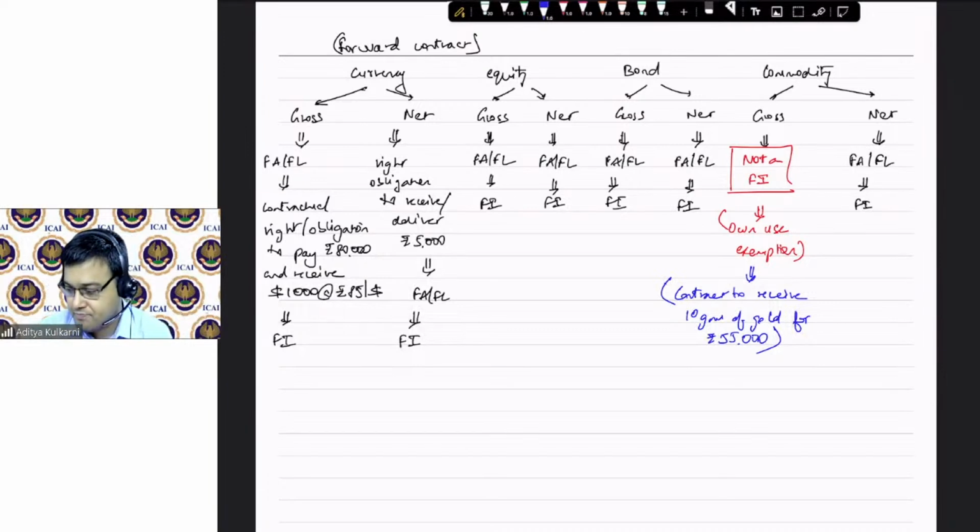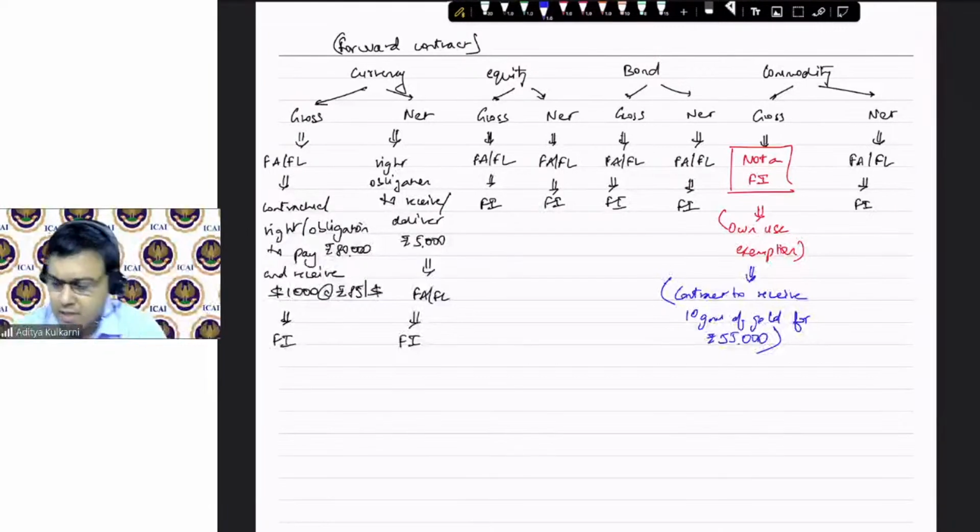What do you think? Should you consider 55,000 as a financial liability? Because as per the terms of the contract, I have a contractual right to receive 10 grams of gold, and for that I have an obligation to pay 55,000. So now I am just building up on that example so that once and for all we are clear about own use exemptions. Yes, we have an answer where it says that it appears to be a financial liability.